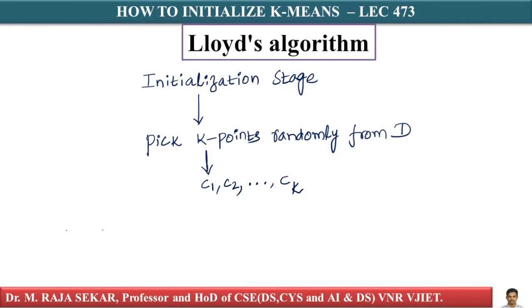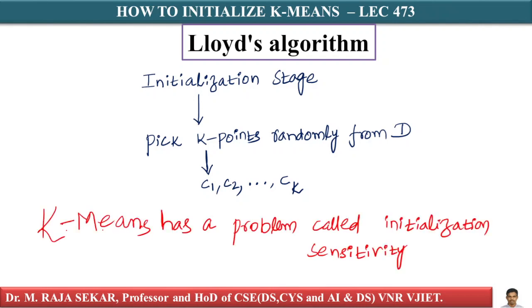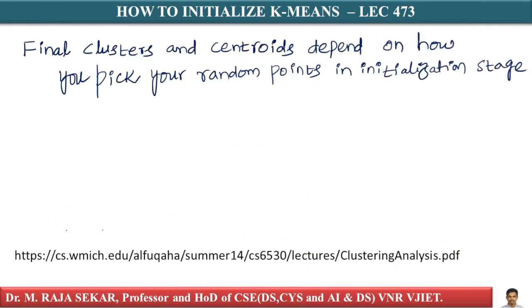Random initialization is a very simple idea. But K-means has a problem called initialization sensitivity. This is one of the drawbacks of random initialization. Random initialization sensitivity means that your final clusters and centroids depend on how you pick your random points in the initialization stage, which means final results are sensitive to initialization.